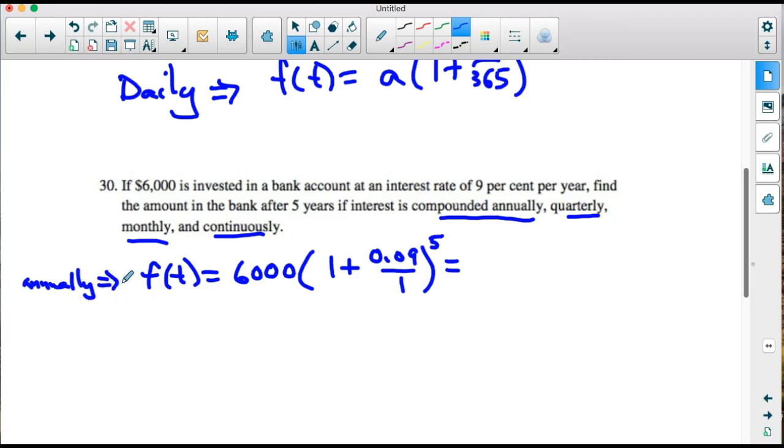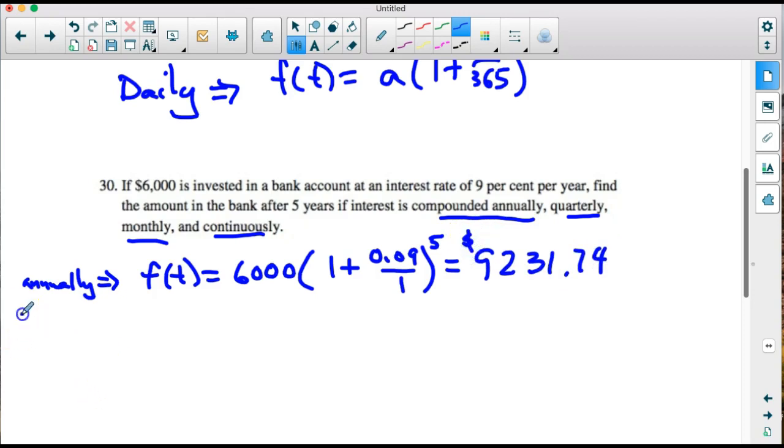Give us this number, and we just type it into our calculator to get the answer. 6,000 times 1.09 raised to the power of 5. We get $9,231.74. Since it's a dollar amount, we can go to that point.